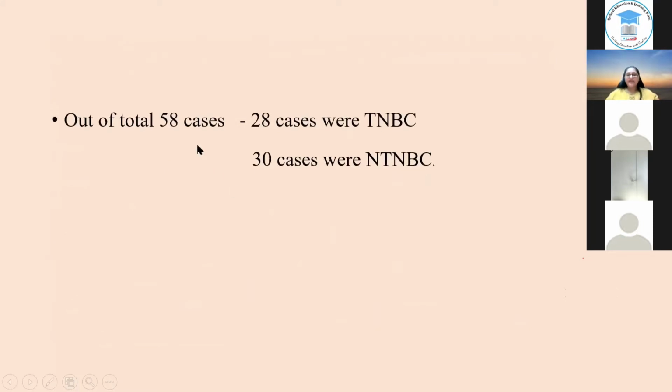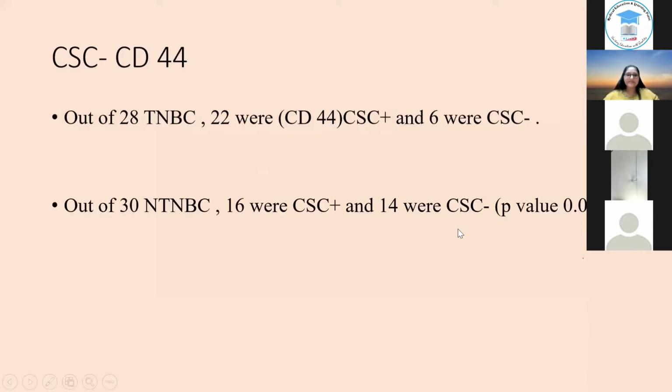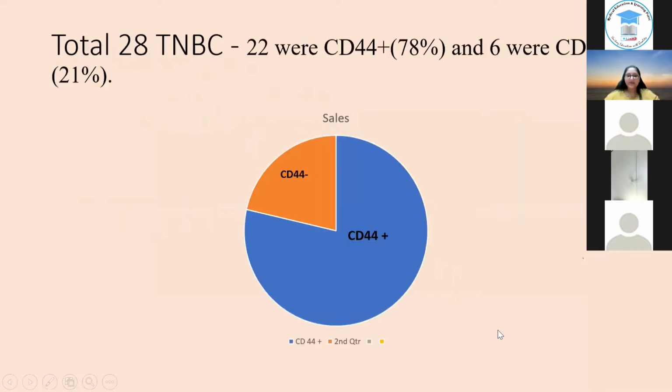So we took 58 cases, a comparable number: 28 for TNBC and 30 for non-TNBC. Out of these 28 cases, 22 were CD44 positive and 6 were negative. Out of 30 non-TNBC, 16 were positive and 14 were negative. So you can say that the percentage of cases positive for CD44, the cancer stem cell marker, is high in TNBC. This is a pie chart.